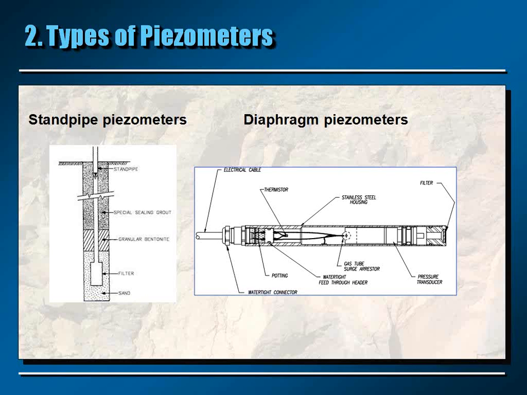Diaphragm piezometers are really interesting compared to standpipe piezometers because it's possible to have automatic data acquisition, and also because the time lag is much smaller than with the standpipe piezometer. That's a problem with the standpipe piezometer.